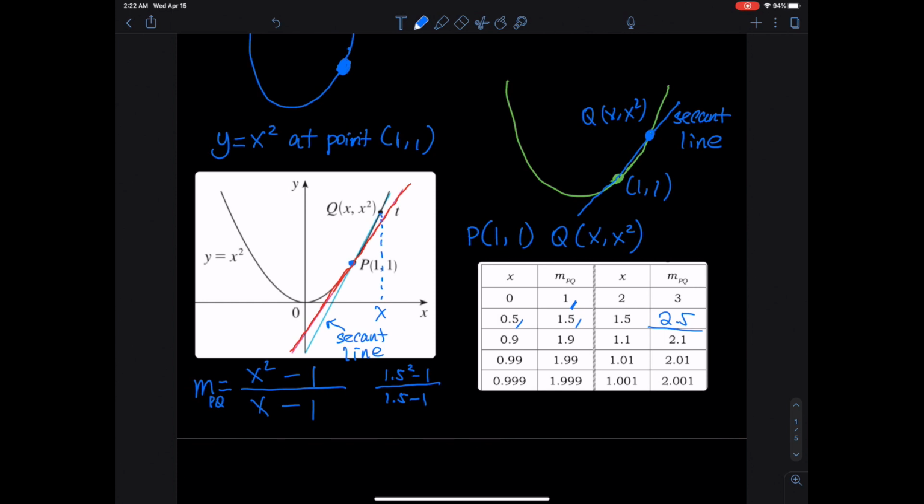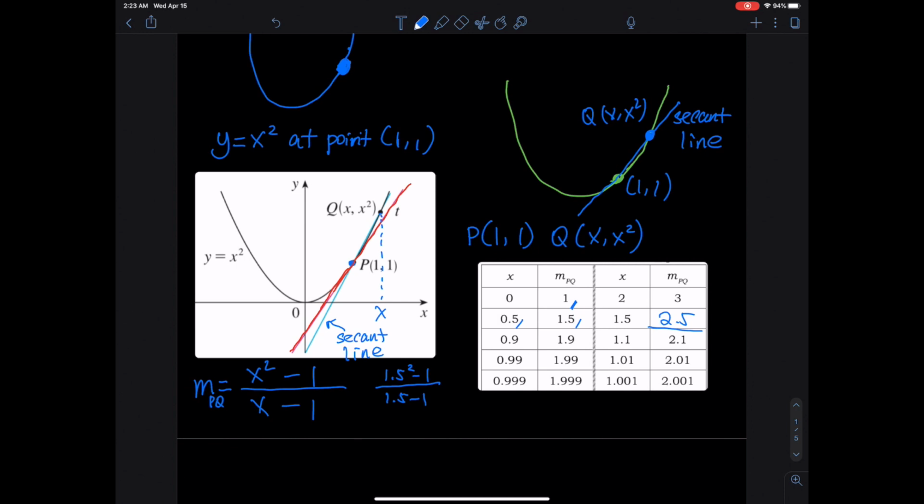Do you see any patterns in here? Why do I need to bring this table up? What is the first point that I pick? The first point that I pick is 0. When x is equal to 0, this is equal to 1, and then 0.5, 0.9, 0.99, and then 0.9999. This is 1, right?